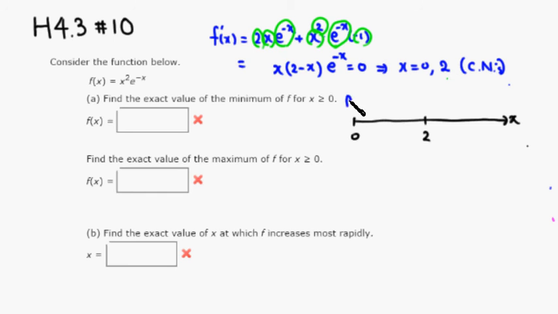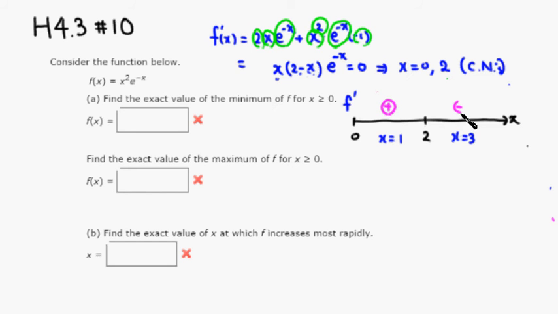For the sign of f prime, we can just use a sample number, x equals 1, between 0 and 2. Plugging in 1, x is positive and 2 minus 1 is positive, so that's positive here. After 2, like x equals 3, 2 minus 3 is negative, so it's negative here.